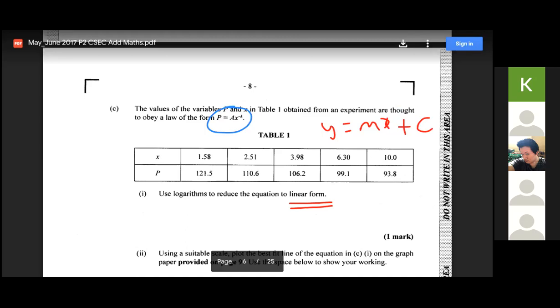So you see, this is a 1 mark question. I showed you the long way, right? Take log on both sides and then simplify and all of that. But after practicing this for a while, you see the two forms, y is equal to ax to the power of b and y is equal to ab to the power of x.